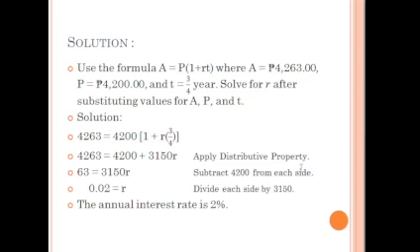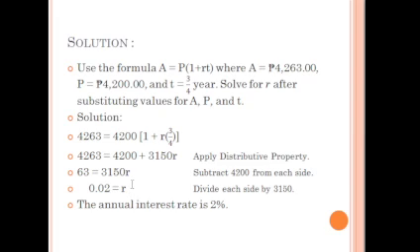So we will subtract 4,200 from each side. So 4,263 minus 4,200, that is 63. And we have 4,200 minus 4,200 is 0. Then the remaining number and variable on the right side is 3,150 R.